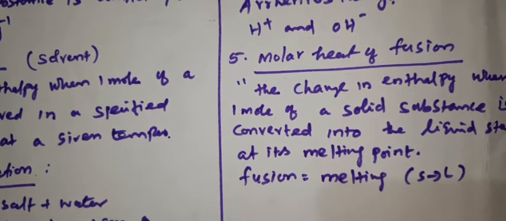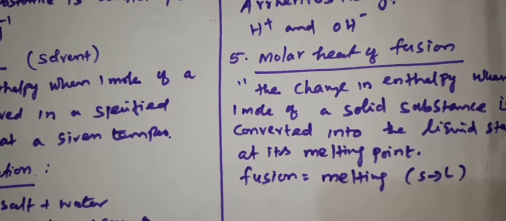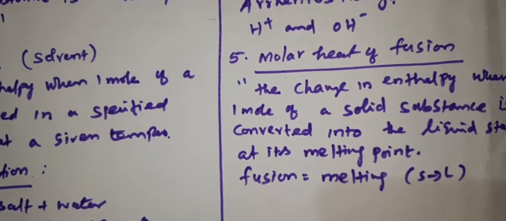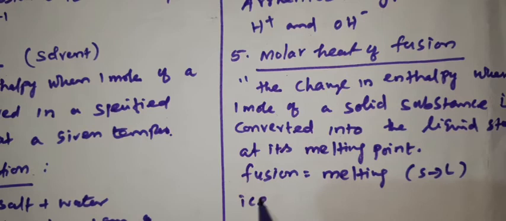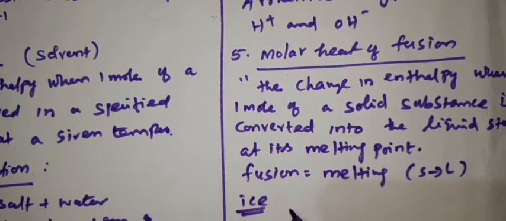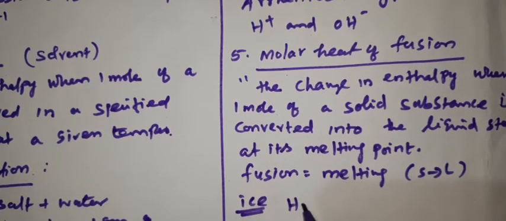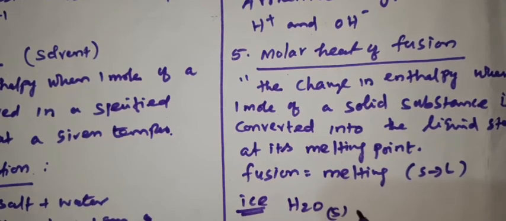So molar heat of fusion means the change in enthalpy when 1 mole of solid substance is converted into the liquid state at its melting point. For example, the heat of fusion of ice is represented as H2O solid.